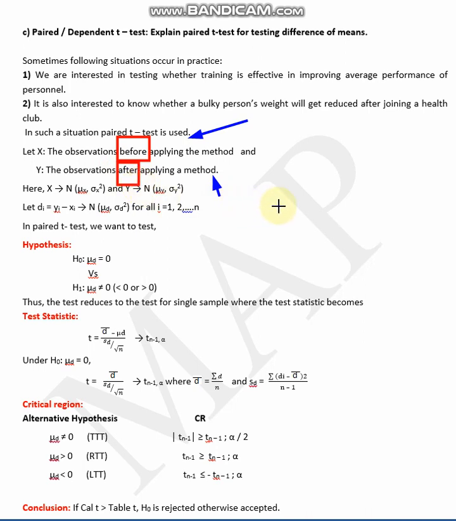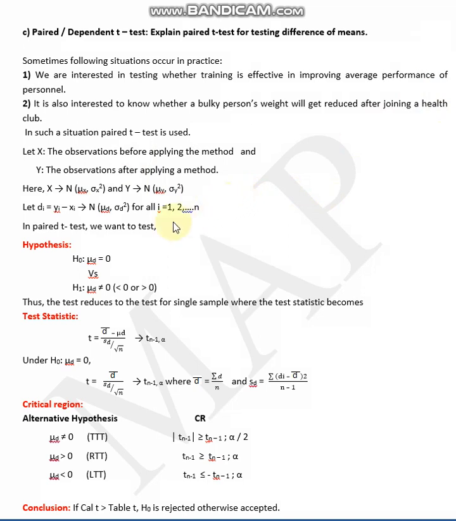Then what do we have to do in this case? X follows a normal distribution with mean mu and variance sigma square, so since the variable is X, we take these as mu X and variance sigma square X. And Y also follows a normal distribution with mean mu Y and variance sigma square Y. Now we need to take the difference between these two.